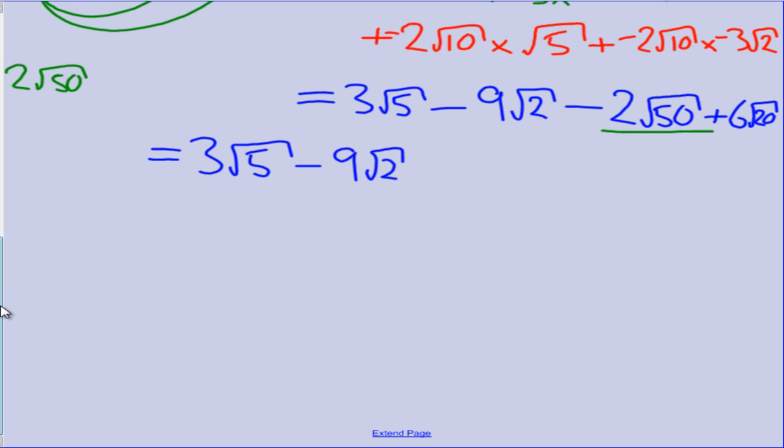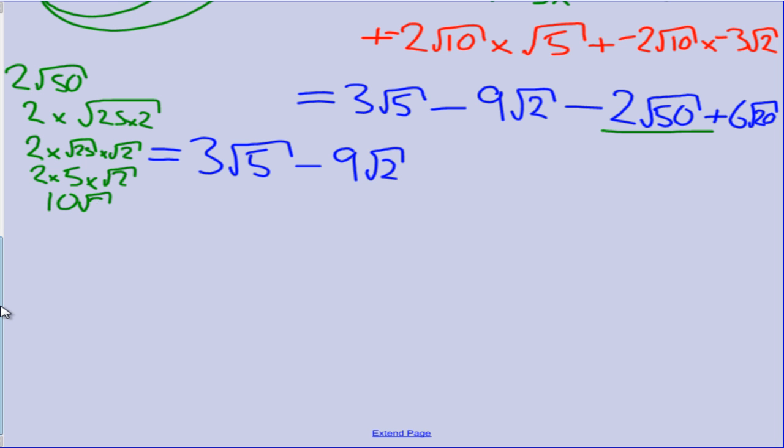Okay, so the 2 stays, and we're going to split the 50 up into 2 factors, and I'm going to go ahead and just go 25 and 2, which means we've got 2 times the square root of 25 times the square root of 2. Square root of 25 is no longer a surd. The most accurate way of writing that is as a 5. And then we've got root 2, so that ends up being 10 root 2.